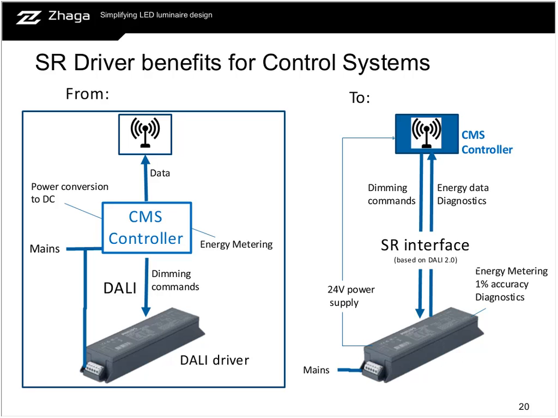And there is a low voltage power supply going from the driver towards the CMS controller. Again, the dimming commands are going from the controller towards the driver, and diagnostics can go the other way from the driver to the controller. But there is only one single mains entrance, and there is no mains requirement in the SR interface, which makes the connector design easier.